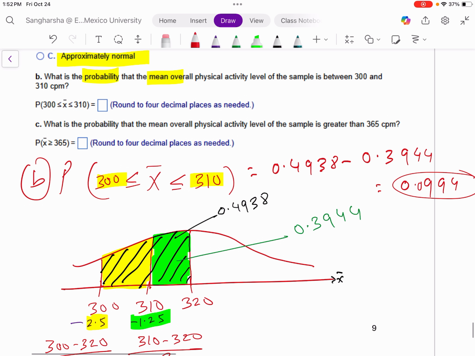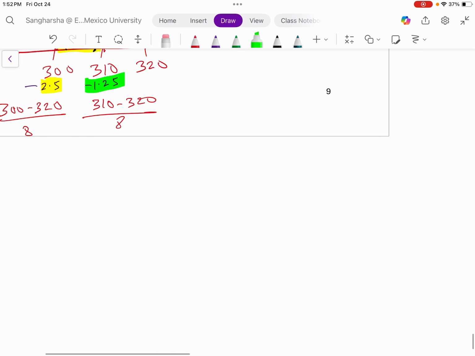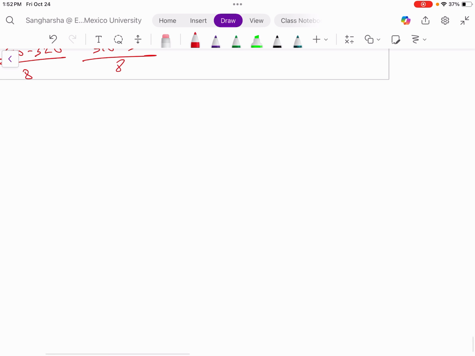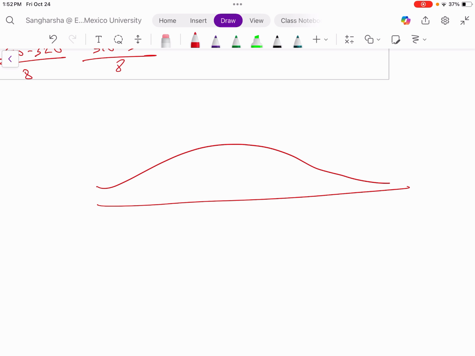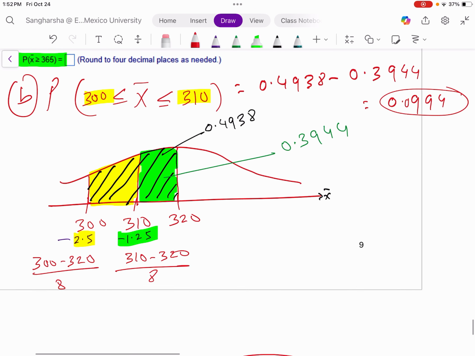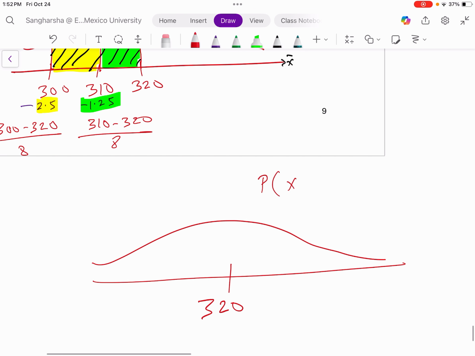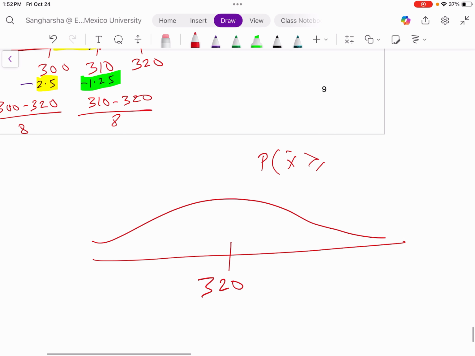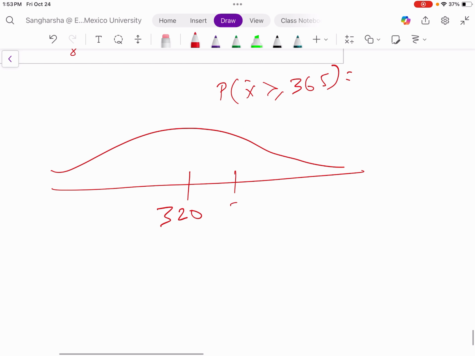Okay, next we want to find the probability that x bar is greater than or equal to 365. Draw a bell shape, locate mu, that is 320. Let's locate 365. Greater than means everything on the right of 365, so we are interested in finding this part.